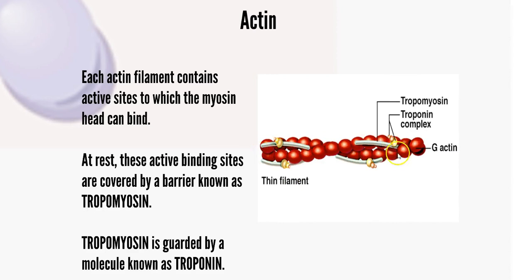So here's actin, and actin has a couple of key players on it. Here's the barrier, which we see here, and this barrier is known as tropomyosin. So this is a gate that is closed until stimulation from the nervous system occurs. And on tropomyosin, we have this little guy here who's a bouncer, and his name is troponin, and his job is to facilitate the opening of this barrier if he's paid off in the form of calcium.